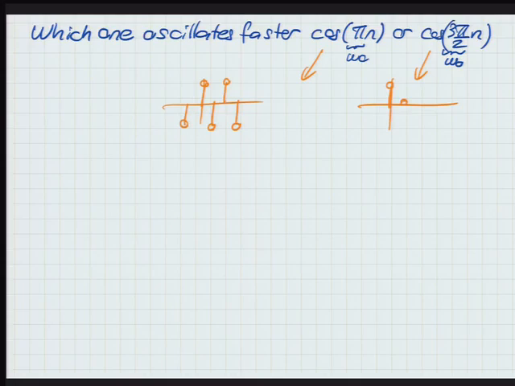At n equal to 2, you are at cosine 3 pi, which is the same as cosine of pi, which is negative 1. And at n equal to 3, cosine of 9 pi by 2 is again 0. So I oscillate like that. I do oscillate for sure, they are both periodic. But in the first case, the period is 2, in the other case, the period is 4. So even though I increased omega 0, this is a bigger omega 0 than this, I'm now oscillating slower. How is that possible?